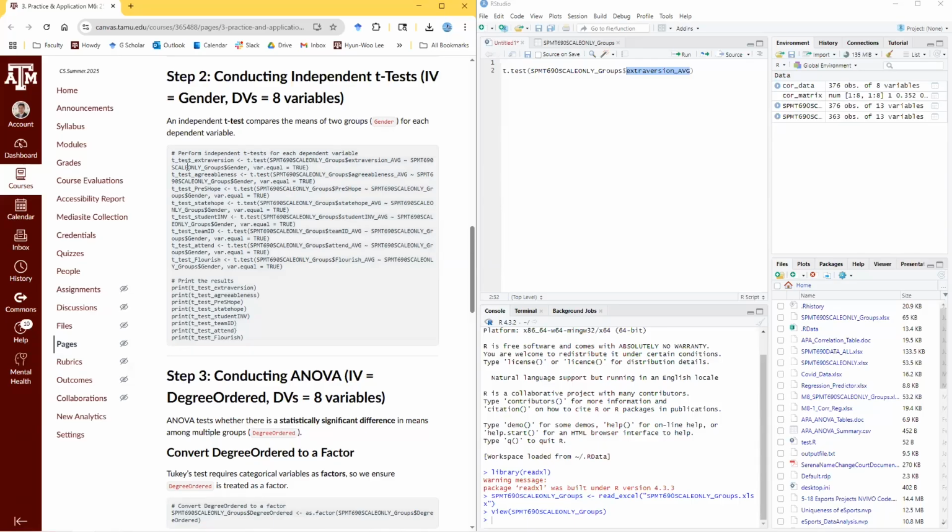So now you understand what this command means, right? We're assigning this t-test to whatever name that we designate here. And then we can ask for the results of what we designated. So t-test extroversion is assigned to this. T-test agreeableness is assigned to this, so on and so forth, right?